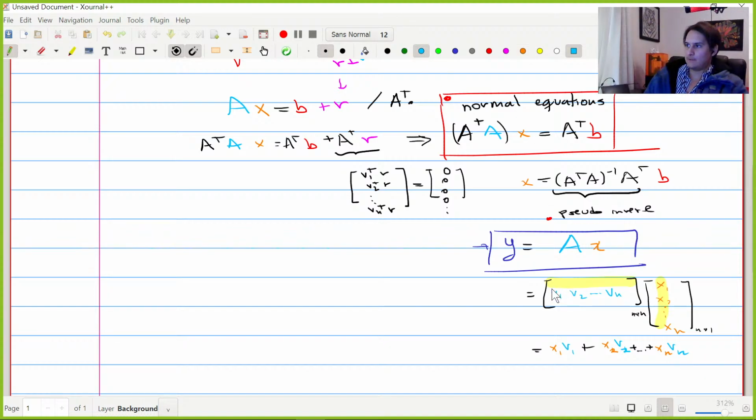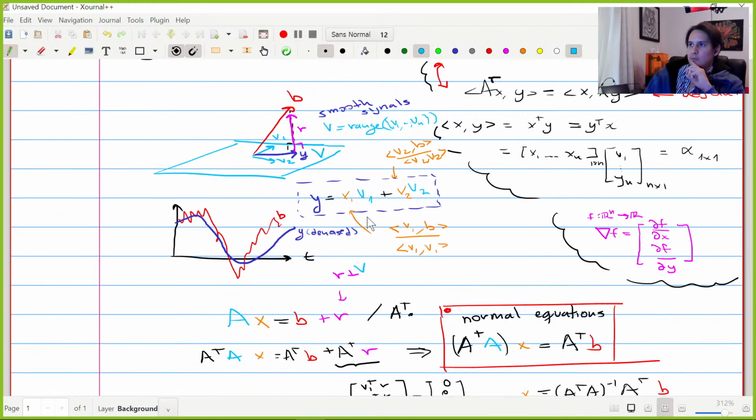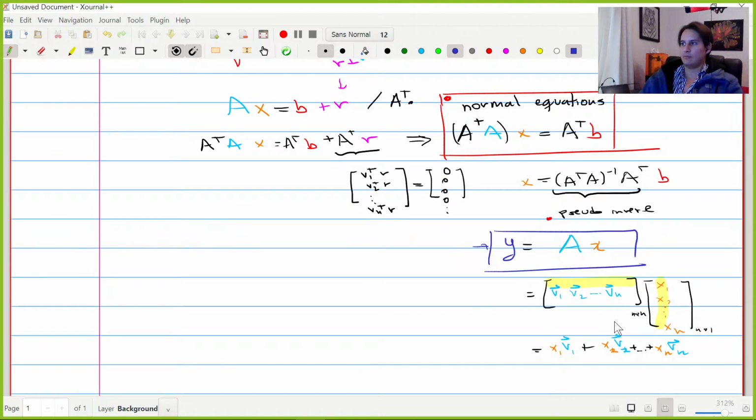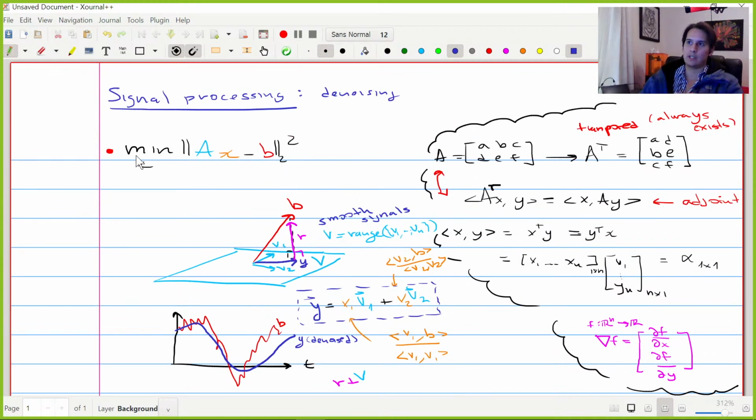Please remember that these v's are vectors. I didn't put the arrows, but these are vectors, and these x's are coefficients, just numbers. So we are doing a linear combination of vectors to get another vector that represents our function y. So basically, by solving the least squares problem, we are solving to get the coefficients.